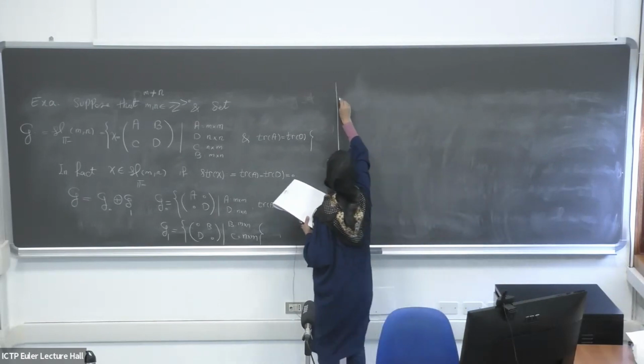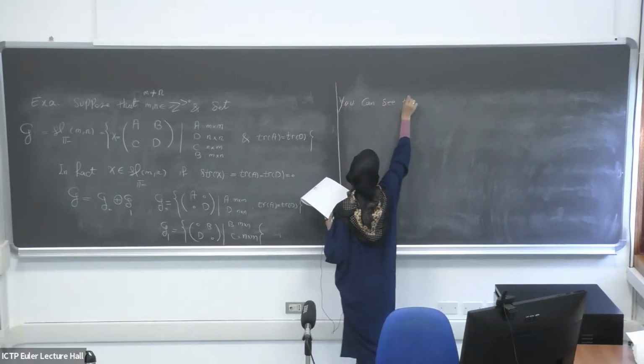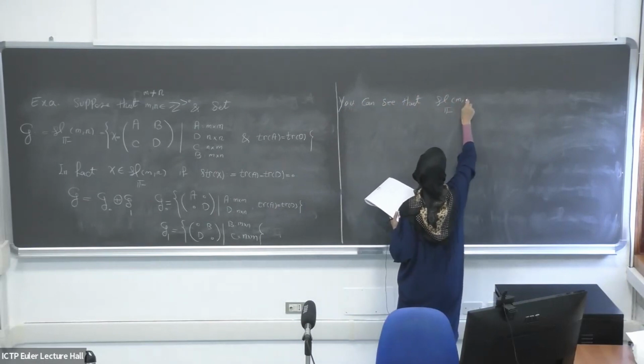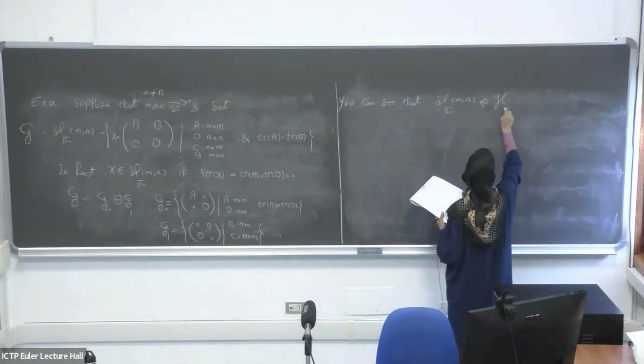And you can see that SL(m|n) is an ideal of GL(m|n).